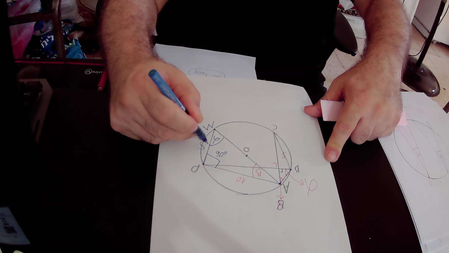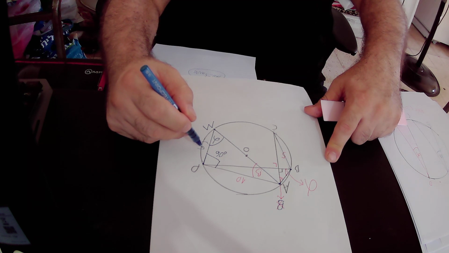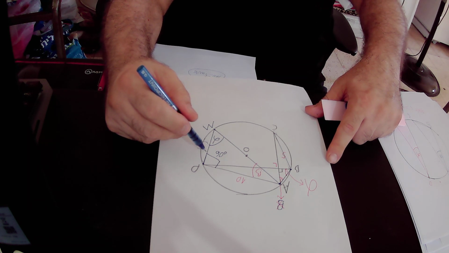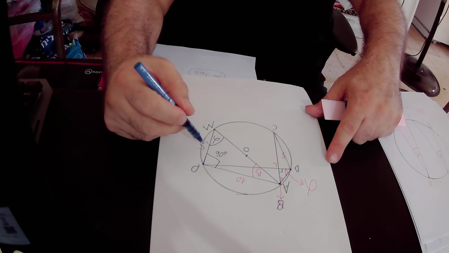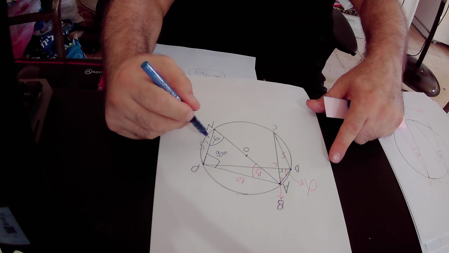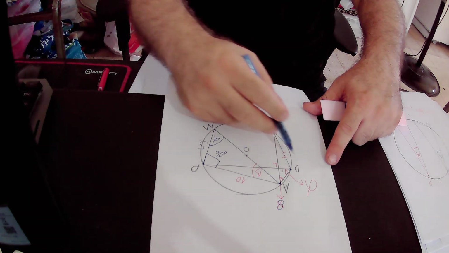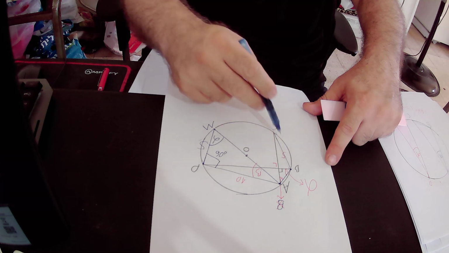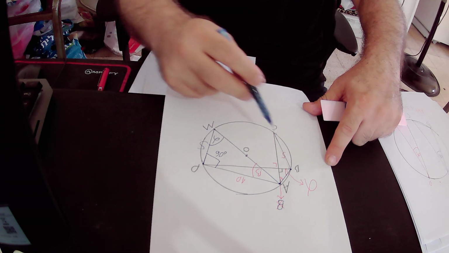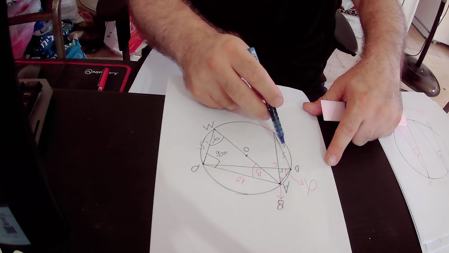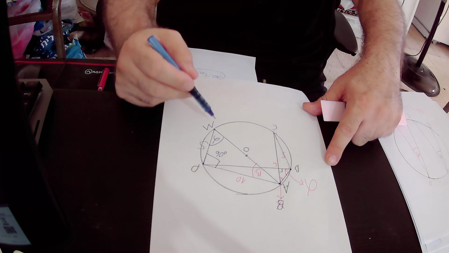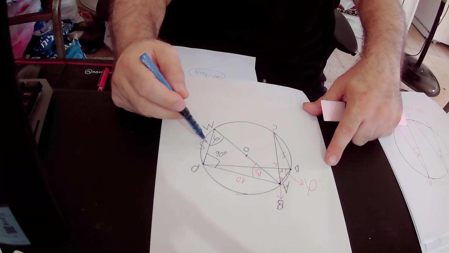I can write it down: because BC equals MD and BC equals 5 units, as given in the question, MD also will be equal to 5 units.